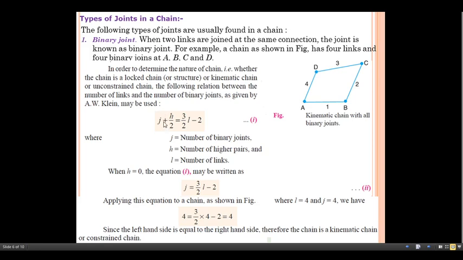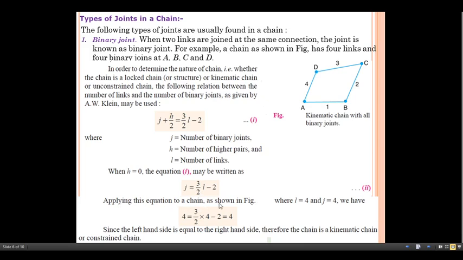J plus H by 2 equals 3 by 2 into L minus 2, where J is the number of binary joints, H is the number of higher pairs, and L is the number of links. When H equals 0, the higher pairs are 0, so equation 1 may be written as J equals 3 by 2 into L minus 2.